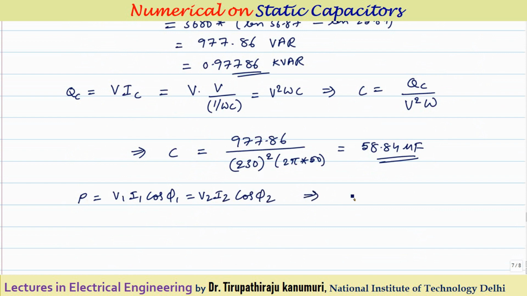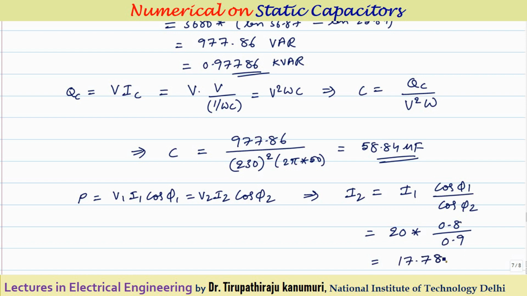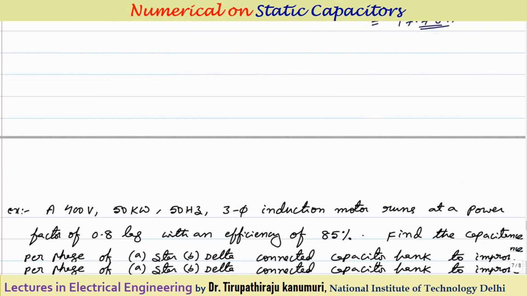So I2 is equal to I1 into cos phi 1 divided by cos phi 2. This will be 20 multiplied by cos phi 1, which is 0.8, and cos phi 2, the new power factor we want, is 0.9. So this will be equal to 17.78 amperes. In this way you have to calculate this. I hope this is clear.